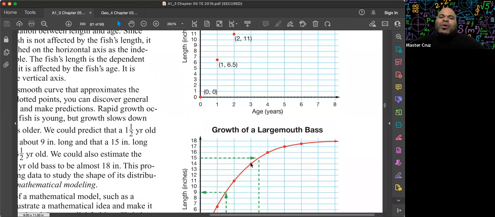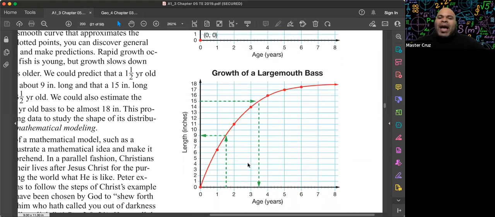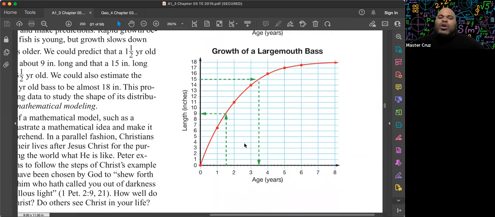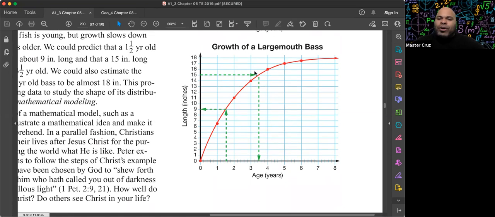Now, if we want to talk about what is happening, how can we model the situation? Well, what we could say is that as the years increase, so the older the largemouth bass gets, the longer it gets, okay? And it looks like in the first years, it's growing at a faster rate, and then it just keeps growing at a slower rate. So on year 4, it looks like it was 16 inches, but in year 5, it only grew up to 17 inches.